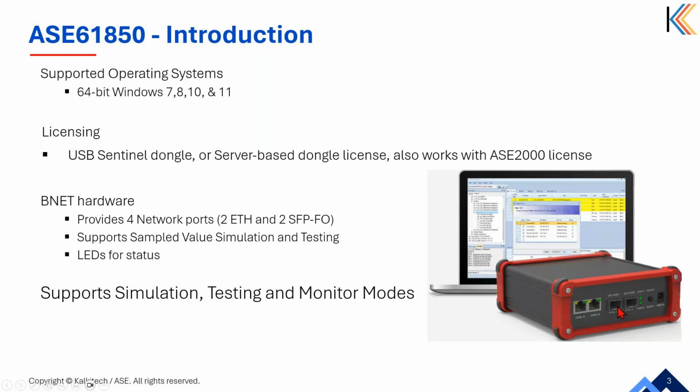These two ports can be changed to Ethernet if you have the corresponding SFP adapters. We support sampled value simulation and testing. As I mentioned earlier, we have several LEDs for indicating the status of publishing, subscription, and errors.